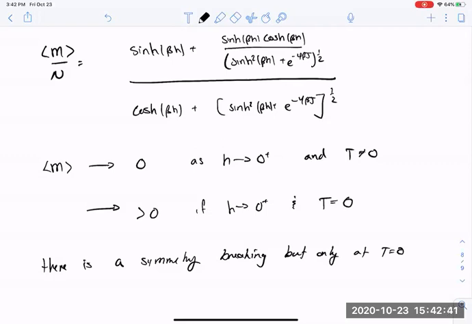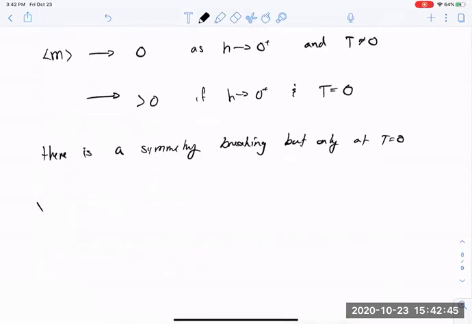It does not exhibit a critical transition. So indeed, this model in one dimension does not exhibit a phase transition. There are no critical fluctuations, no way of teasing out a critical exponent.